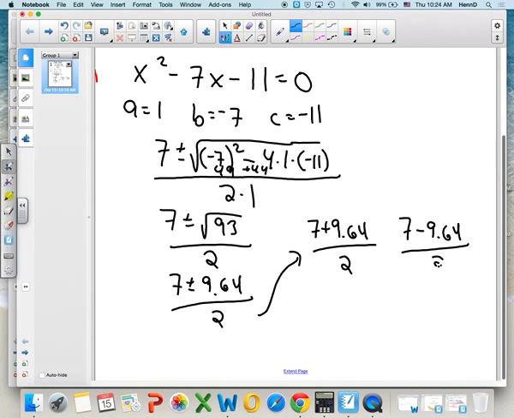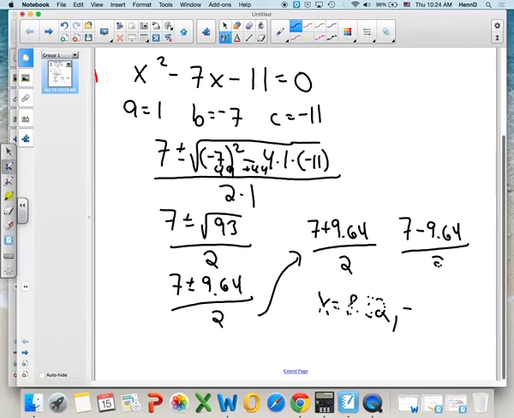It's really important that when you're using your calculator for these problems, if you type in 7 plus 9.64 divided by 2 and then hit equals, the calculator is going to do 9.64 divided by 2 and then add 7. It's going to do it in the wrong order. So you got to make sure you type in 7 plus 9.64 equals and then divided by 2. And so that way it gives you 8.32. That's supposed to be 8.32.